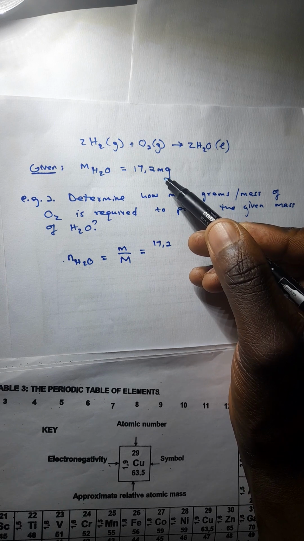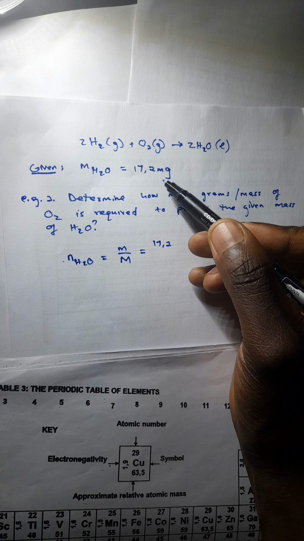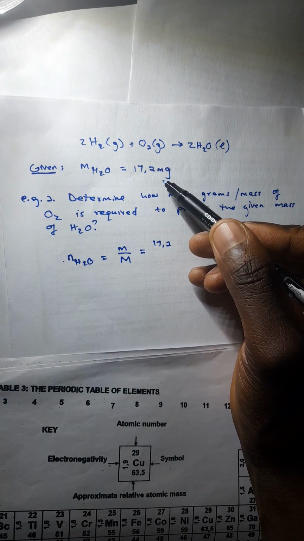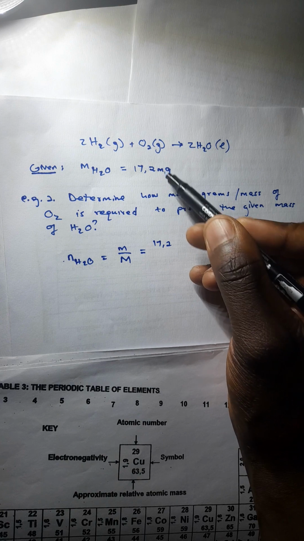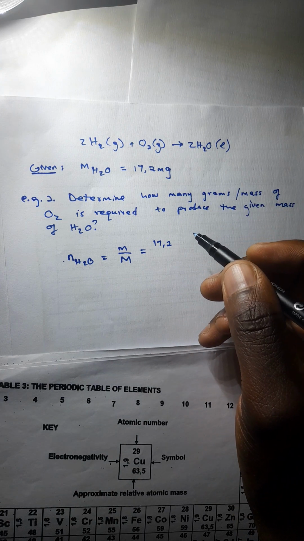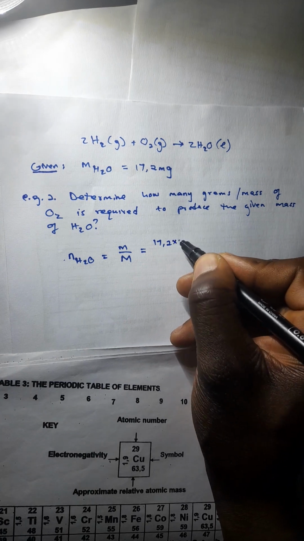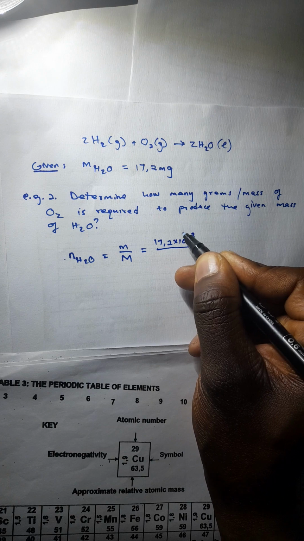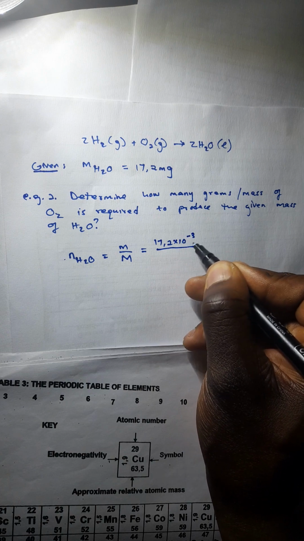Check the prefixes: milli, nano, micro, kilo, centi, hecto, pico, and all of those. You will see that milli represents divide by 1,000, or it simply means times 10 to the exponent minus 3. The milli is replaced by times 10 minus 3.